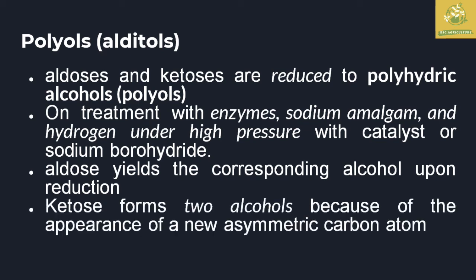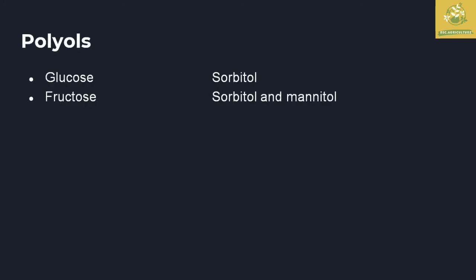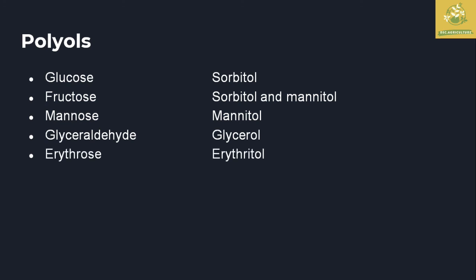Ketose forms two alcohols because of the appearance of a new asymmetric carbon. Some of the polyols: glucose gives sorbitol, fructose gives sorbitol and mannitol, mannose gives mannitol, glyceraldehyde gives glycerol, erythrose gives erythritol, ribose gives ribitol, and galactose gives dulcitol.